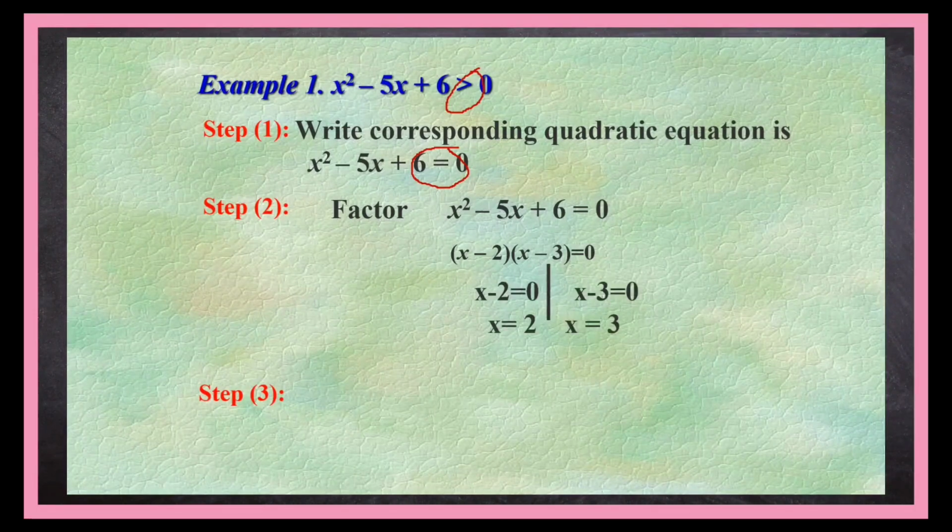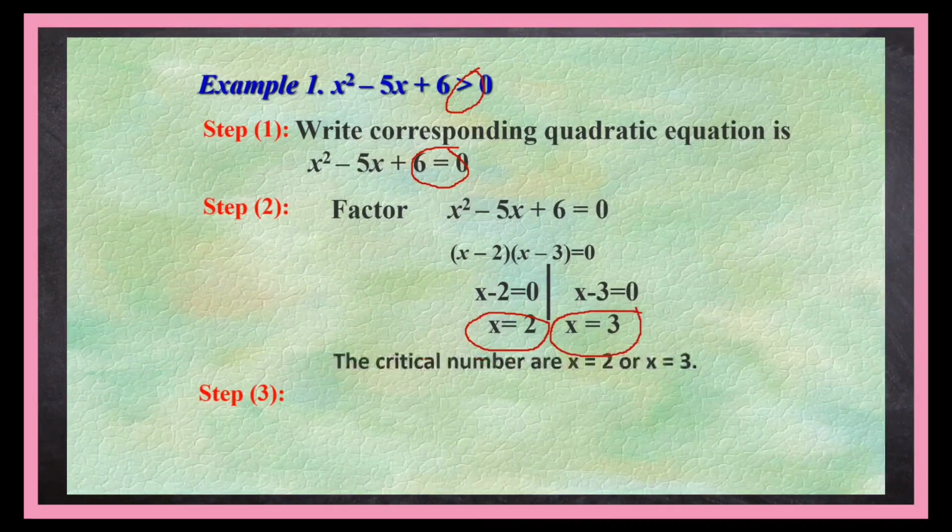So we have x minus 2 equals 0, and another, x minus 3 equals 0. Then we have x is equal to 2, while the other x is equal to 3. So now the critical numbers are x equals 2 and x equals 3.